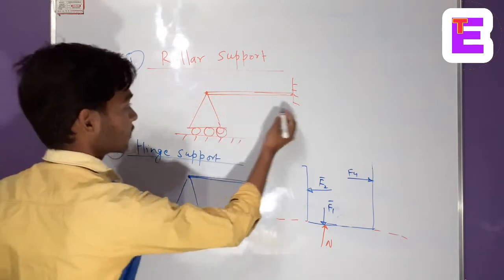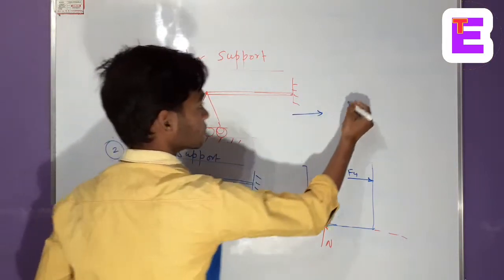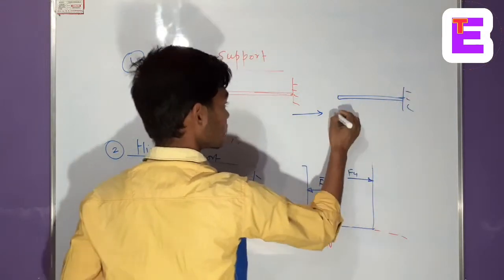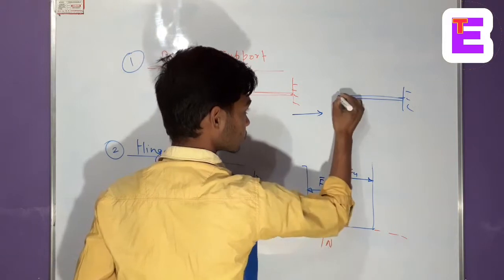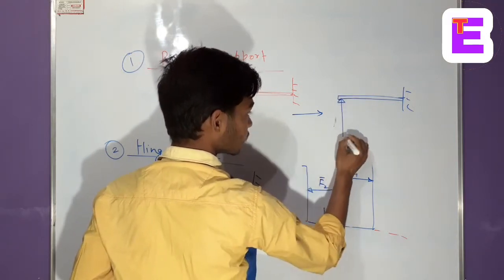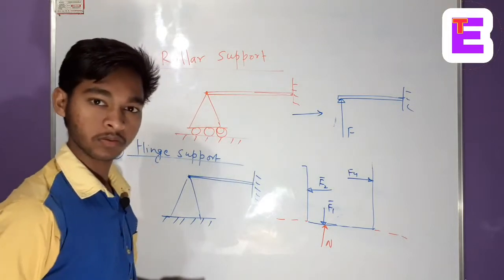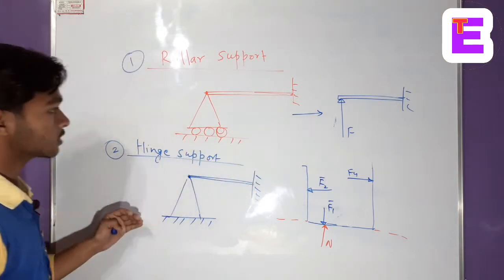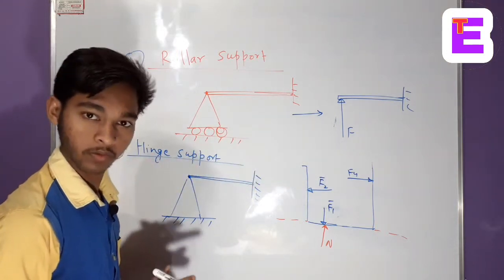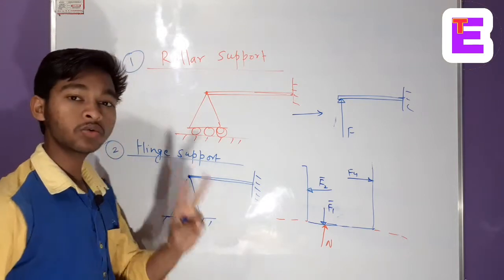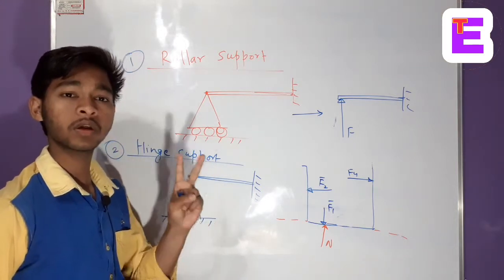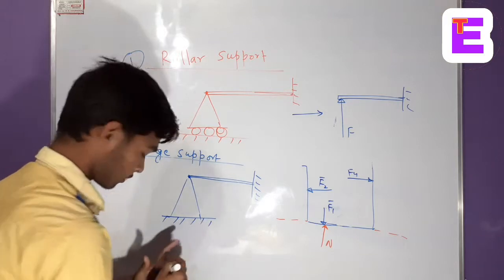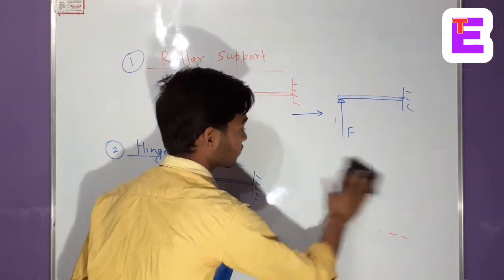So we can draw the free body diagram for this beam at the roller support. At the roller support, only one force will be active, and in the hinge support there will be two forces, because there are two resistances, in the x as well as the y direction. So we can draw the free body diagram for this.